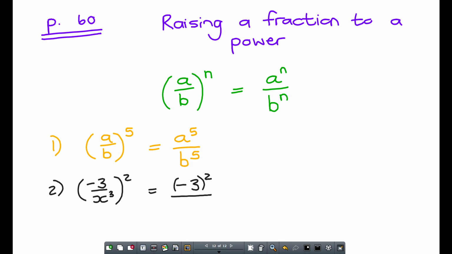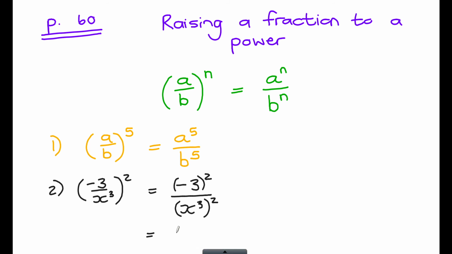Okay, at the bottom, I have x to the power of 3. I'm going to rewrite it like that, and then to the power of 2. Now, minus 3 to the power of 2 is the same as minus 3 times minus 3. And that's going to give me a positive 9.